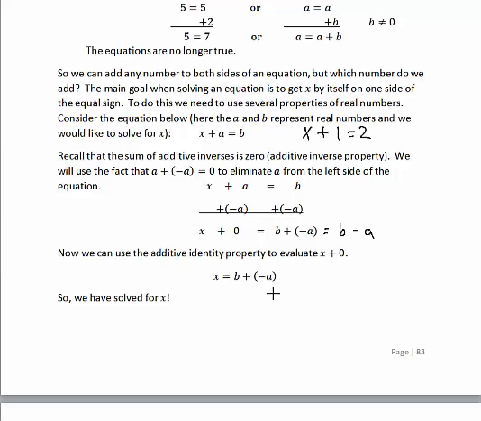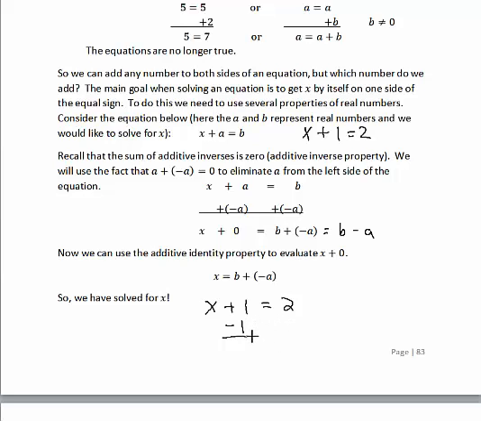Also, in order to do that, you undo the operations that are happening to the x. So to follow this similar procedure with the example equation that I wrote above, we could write x plus 1 equals 2. What is the opposite of adding a 1? Because that's what's happening to our x on the left. Well, the opposite of adding a 1 is subtracting a 1.